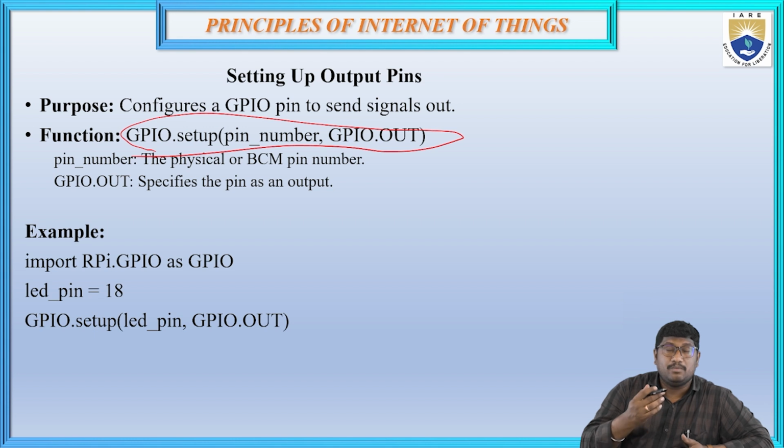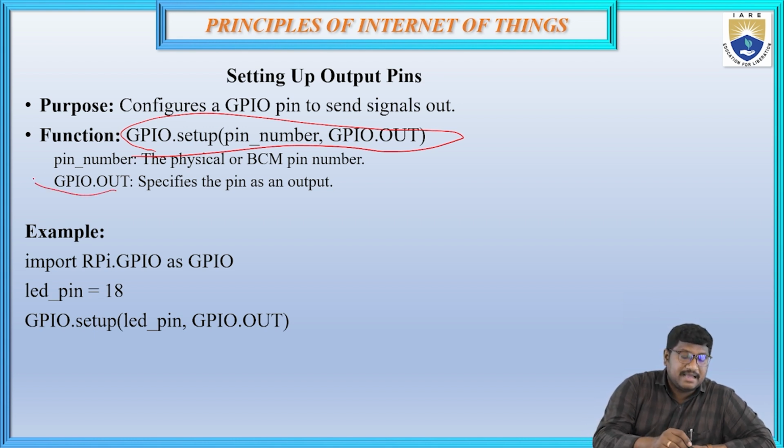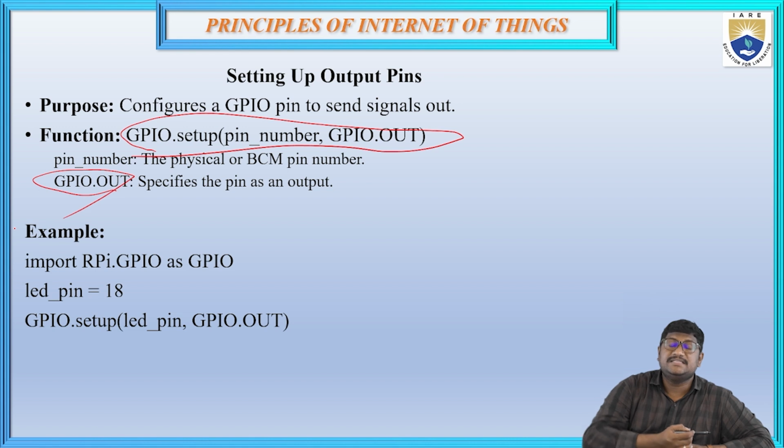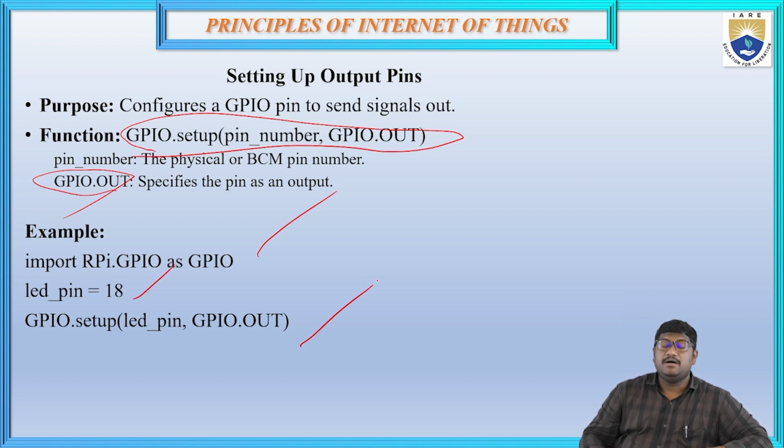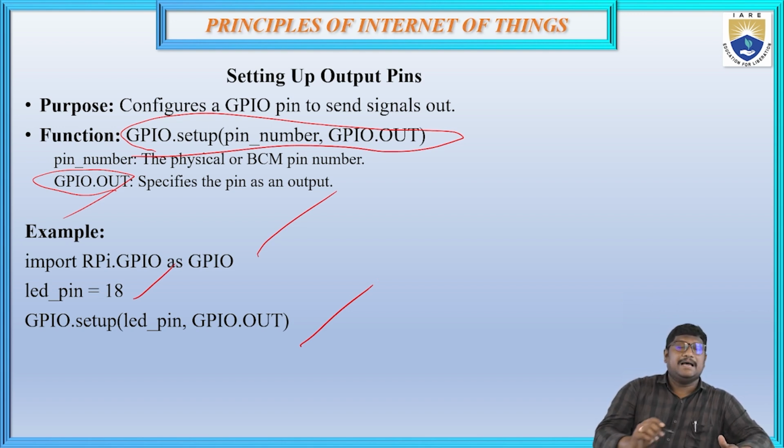Whenever I require a specific pin as output, I need to state it like this: GPIO.OUT, which specifies the pin as an output. See the example: I have imported RPi.GPIO as GPIO, set the LED pin as 18, and set it up for output. I have shown the function in the form of an example here.